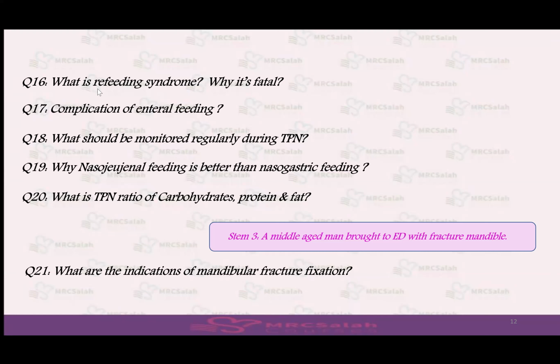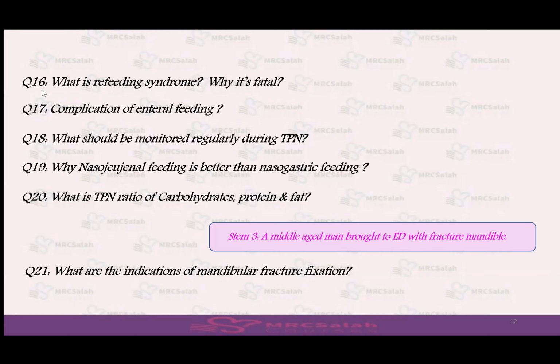Okay, I think I have nothing to add. Refeeding syndrome definition I already put. The nutrition station that came in Cairo from the checklist regarding Crohn's disease is the same. They didn't add anything for me. Complications of TPN, enteral and parenteral feeding, I already shared for you.